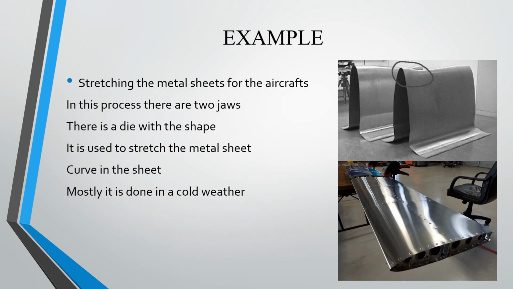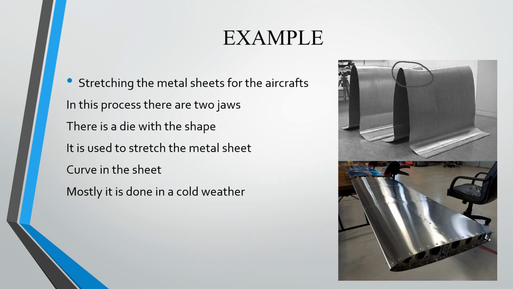And talking about stretching the metal sheets for aircraft, in this process there are two jaws that hold the metal sheet, and down you have a press table where there is a die with the shape that you want. That die has the curve that you are going to make in the metal sheet.